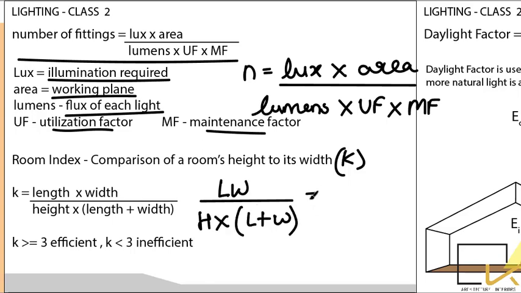This is the formula for room index. If the K value is greater than or equal to 3, the space is an efficient space, and if it is less than 3, it is an inefficient space. So what happens if there is an inefficient space? You need more lighting, correct?